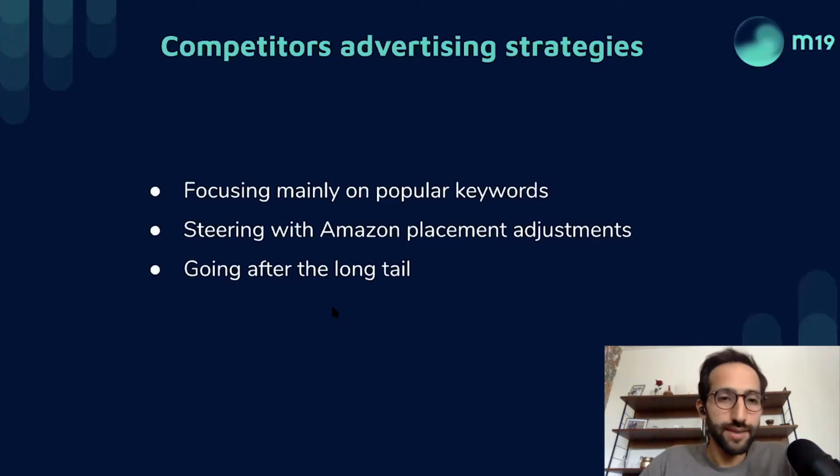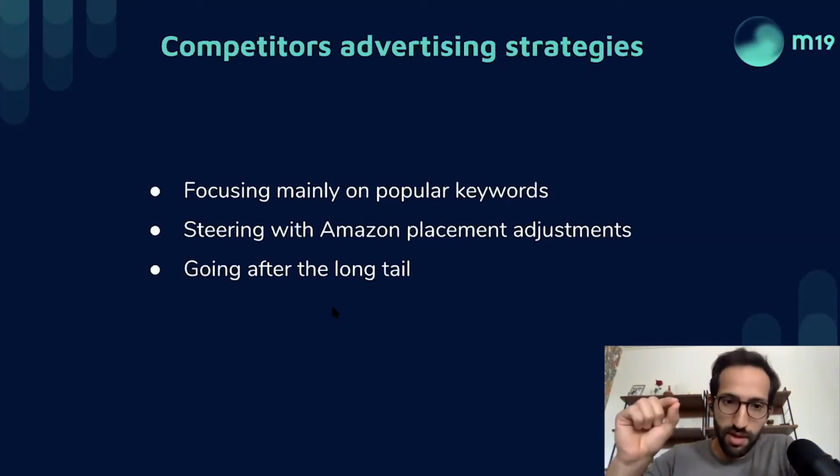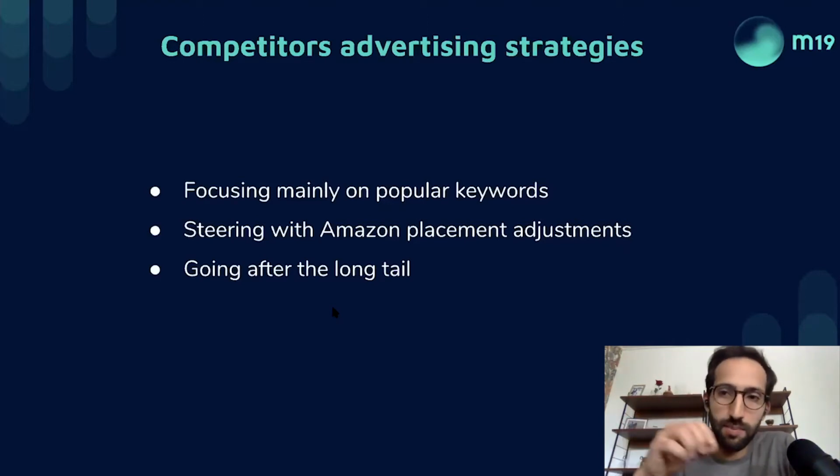The first one is focusing mainly on popular keywords. So some guys just pick the most powerful keywords. They focus all their advertising on them. Other guys, instead of doing PPC management and optimization based on choosing the right bid and the right CPC, do it based on placement adjustment. And I will explain in more detail how they do it.